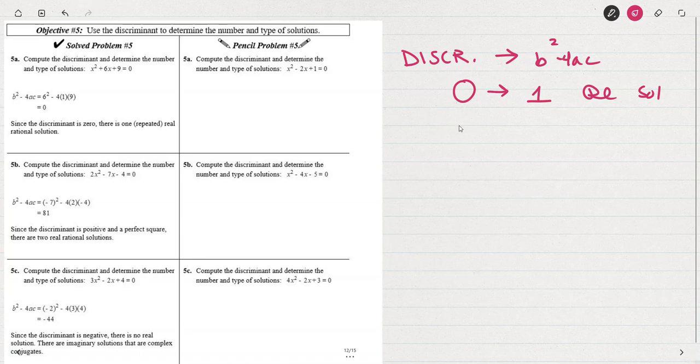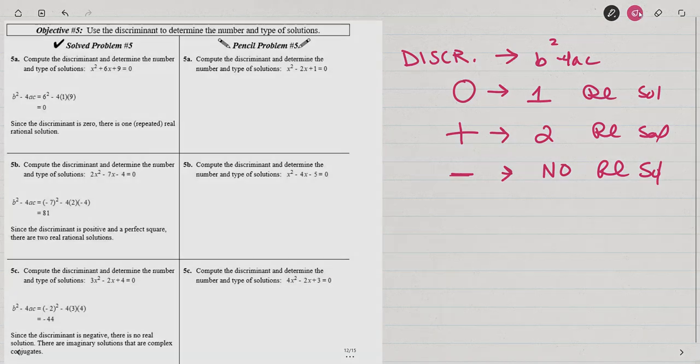When the discriminant is positive, we would get 2 real solutions. And when the discriminant is negative, we'd have no real solutions. There are imaginary solutions that are complex conjugates of each other in that case.